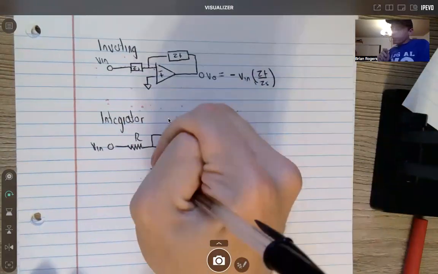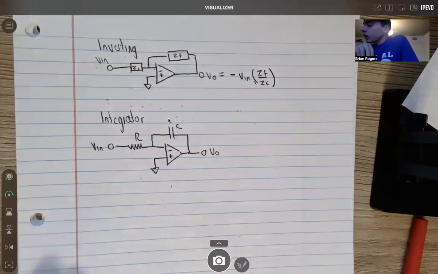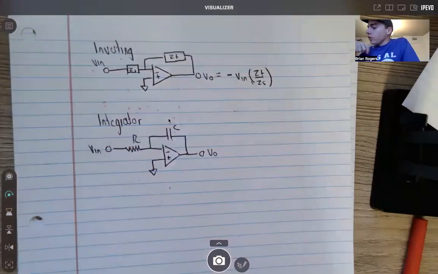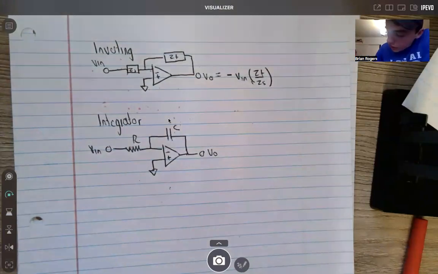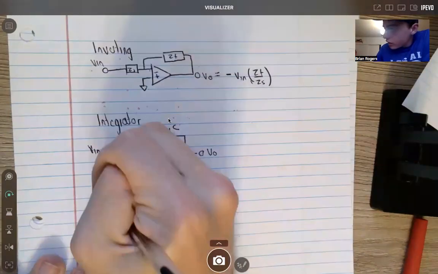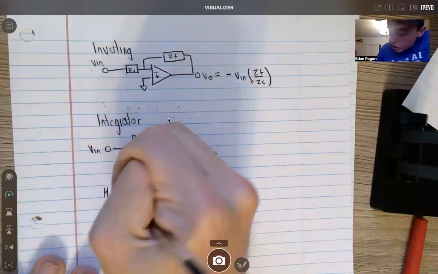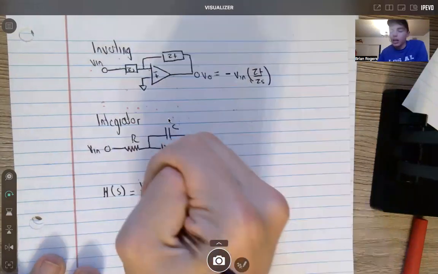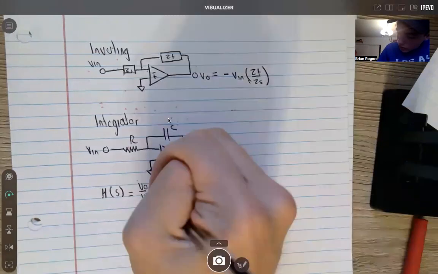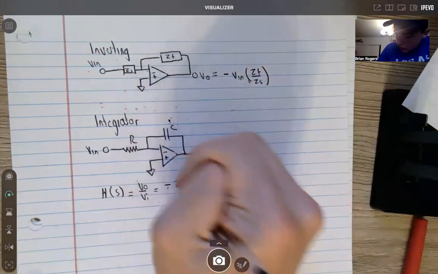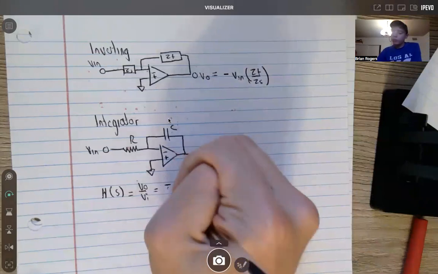Okay, for our integrator, basically, we need to find the transfer function. And our transfer function, remember, is H of S equal to the output voltage over the input voltage. And that is going to be equal to negative Z of F over Z of S, which was what we just found here, right?